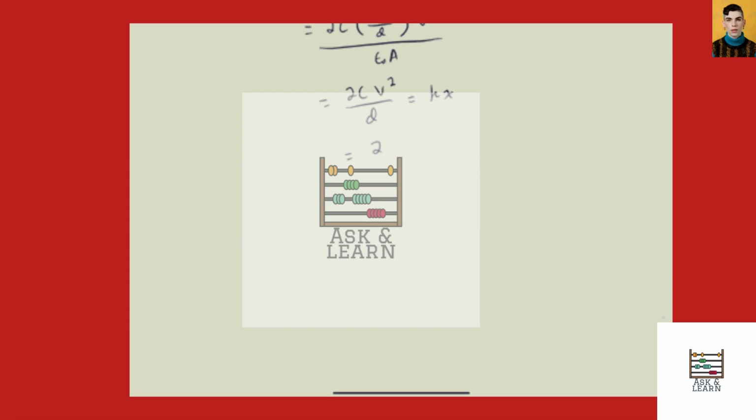So this is going to be 2 times 2 microfarads, which is 2 times 10 to the minus 6 farads. The voltage is 100, that's squared. I'll solve for K, so we'll divide by X. D is 8 millimeters, which is 8 times 10 to the minus 3 meters, and X is 2 millimeters.